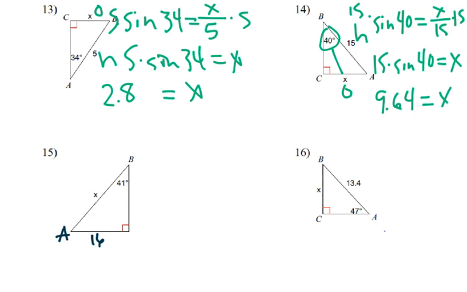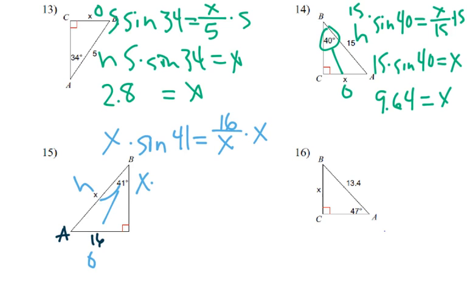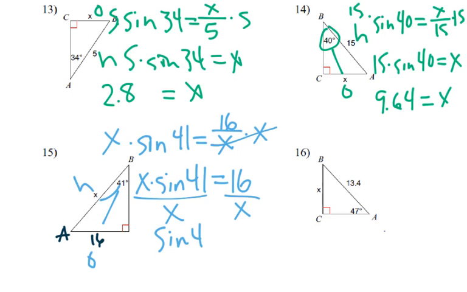Okay, 15. There's opposite, there's hypotenuse. So sine of 41 degrees equals the opposite over the hypotenuse. So this one I've got to times both sides by x. X times the sine of 41 equals 16, so those cancel. I want to divide by x, no, that won't help me out.